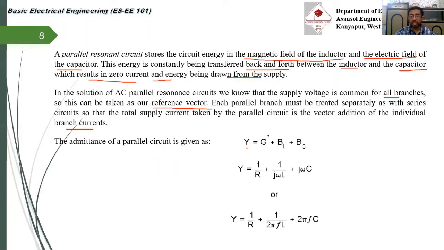These are all vectors, right? Now, this is converted into complex form like this. Y equals 1 by R plus 1 by j omega L plus j omega C, or we can write it like this. Correct? Put the value j here.